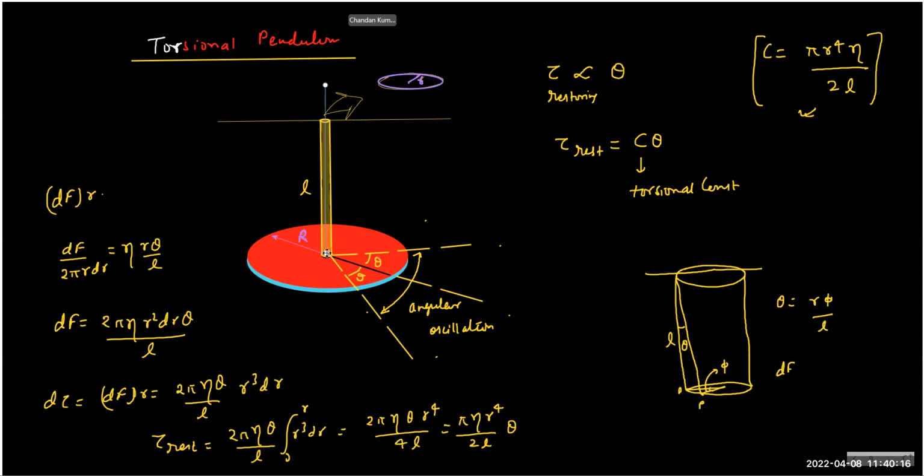Zero, isn't it? So what is the moment of inertia of the system about this vertical axis? Because it is turning this way, no?